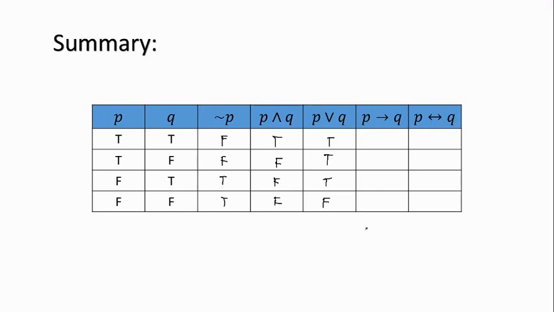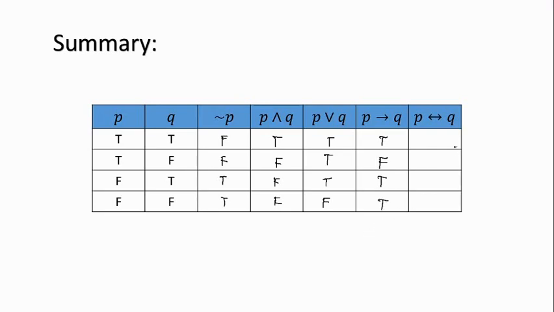What if we have a conditional? The conditional is only false when you have a true hypothesis but a false conclusion. So the only time that it is false is this: true going to false. All the others will have to be true.